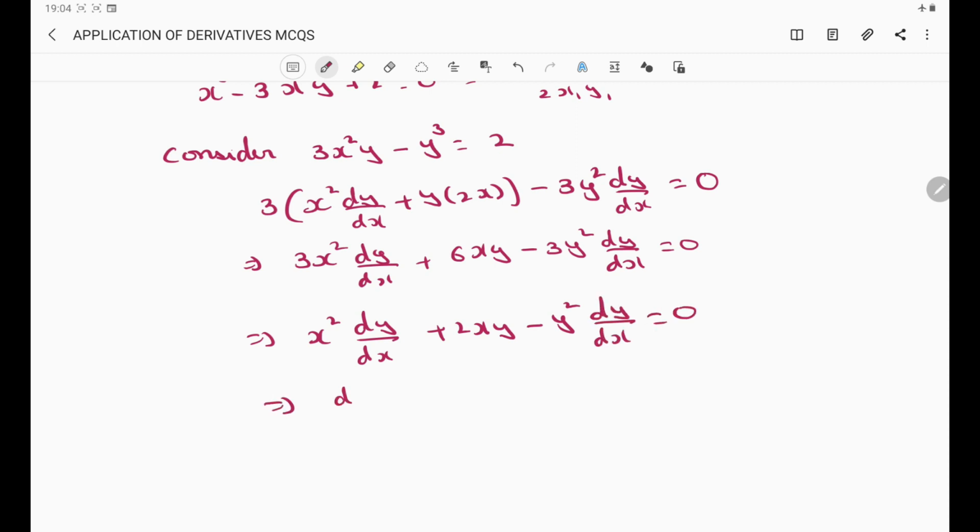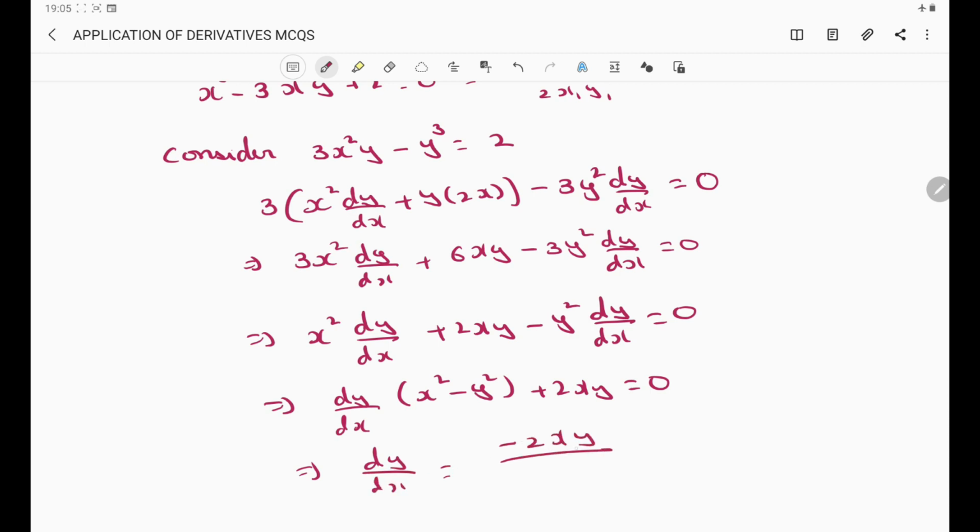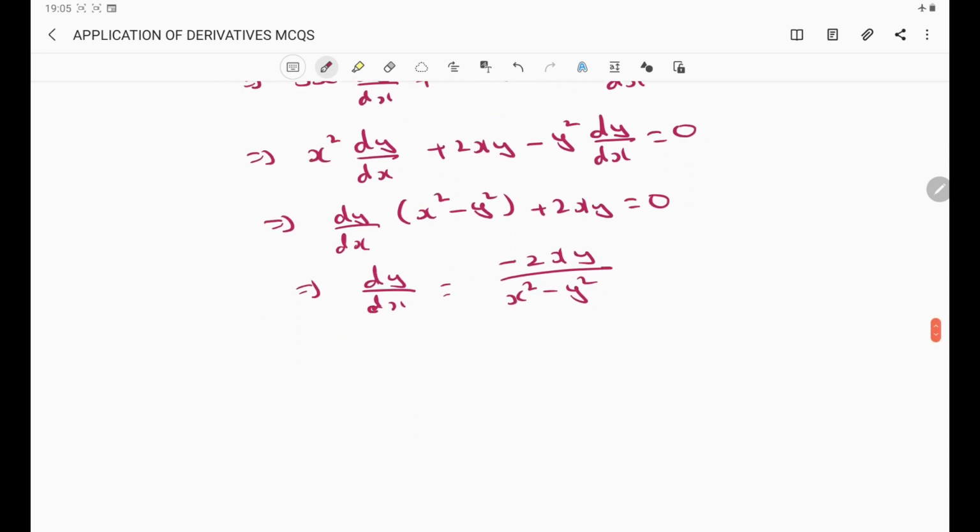Taking dy by dx common, we get (x square minus y square) dy by dx plus 2xy equal to 0, or dy by dx is equal to minus 2xy by (x square minus y square). So let's find the slope of the tangent at the point of intersection (x1, y1). That dy by dx will be m2, the slope of the tangent drawn to the second curve at (x1, y1).